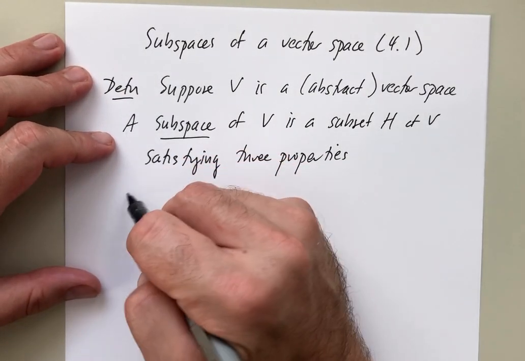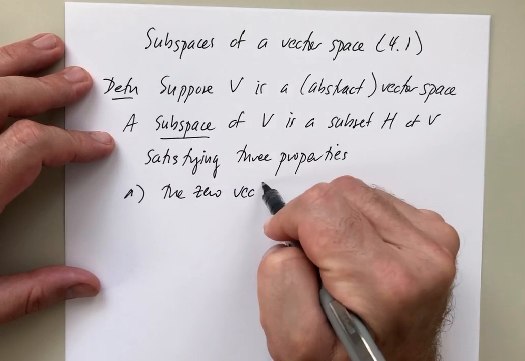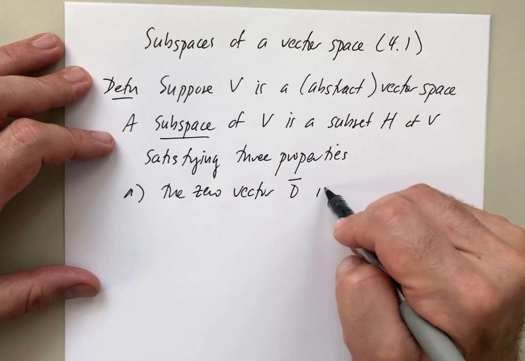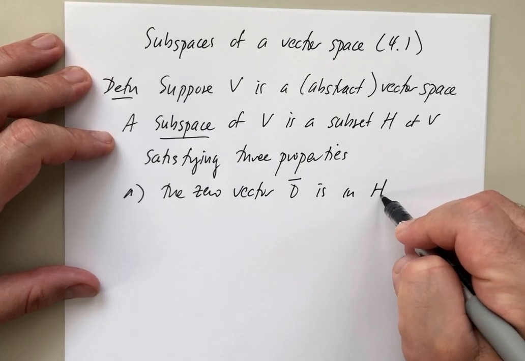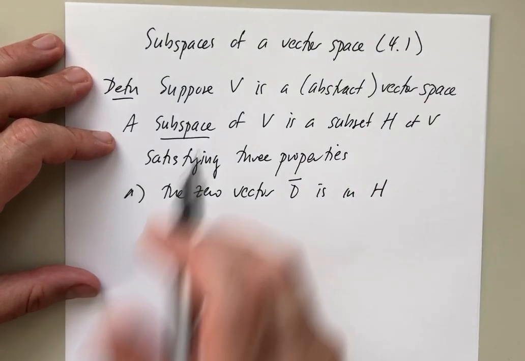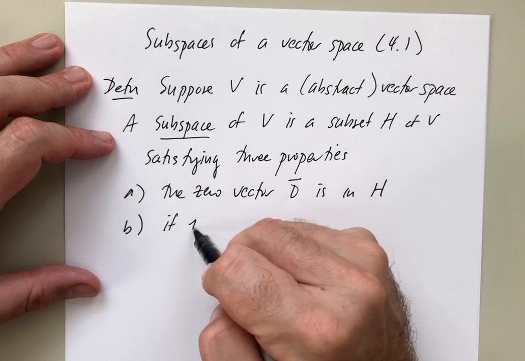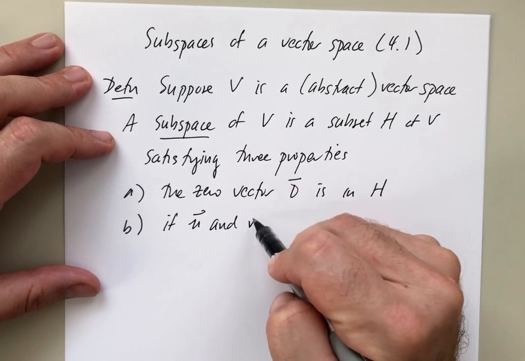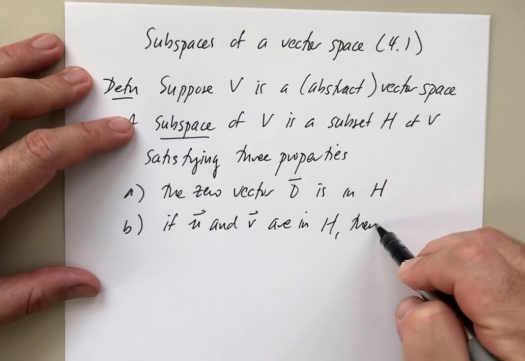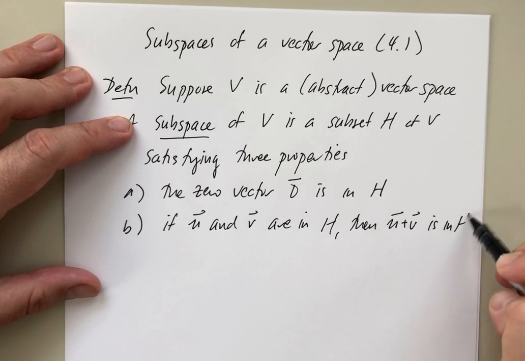So the first thing is that the 0 vector, now remember, every vector space has a 0 vector, then we want it to be in H, okay? So this subcollection that you take, you better grab the 0 vector. The next one is that if u and v are in H, then when I take the sum, I want it to still be in H, okay?